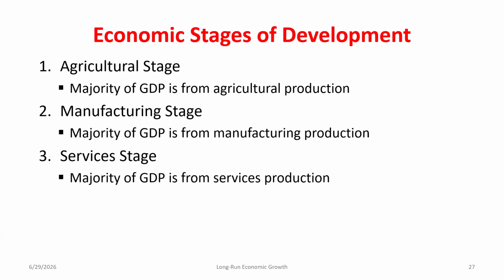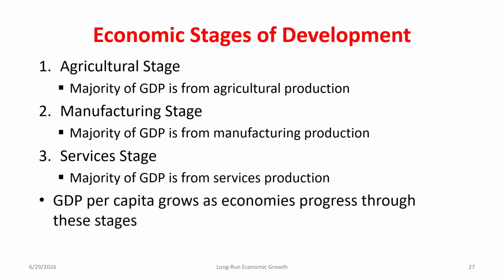We don't produce as many cars in the US, but what's a market that's popped up? Uber and Lyft, right? We're producing services as opposed to manufacturing those goods. So as GDP per capita, and I tend to be lazy with my speech here because we've already talked about we should be using real GDP, as real GDP per capita goes up, we progress through these stages.